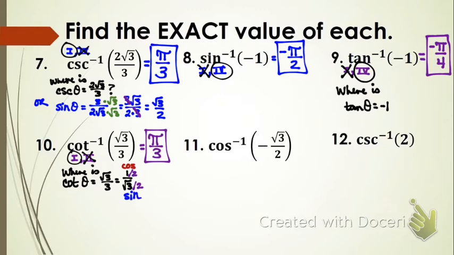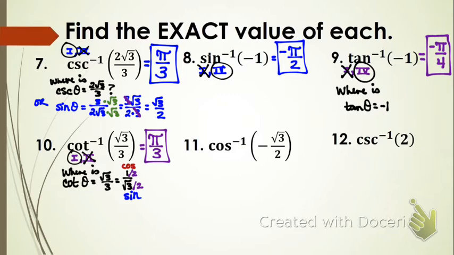So I'm looking for where cosine is 1/2, and at the same time sine is radical 3 over 2. Does that make sense? Anytime I'm talking about the tangents or cotangents and I've got that fraction set up, I always stick a little over 2 with each of them so that I can think about my unit circle a little bit better.